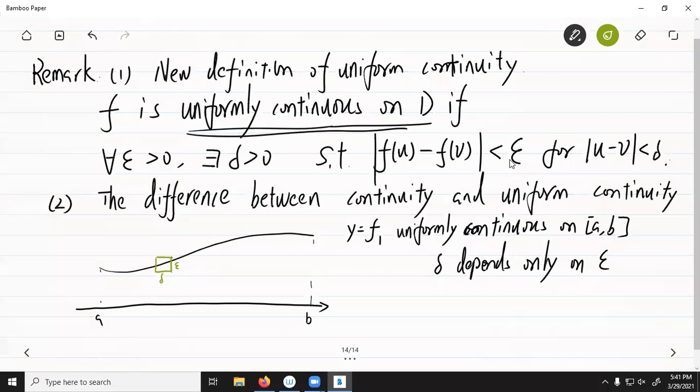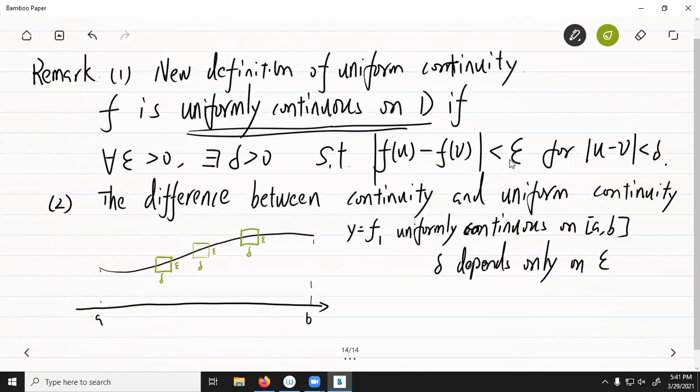And this box is uniform. You can use the same box, epsilon and delta, anywhere on the curve.